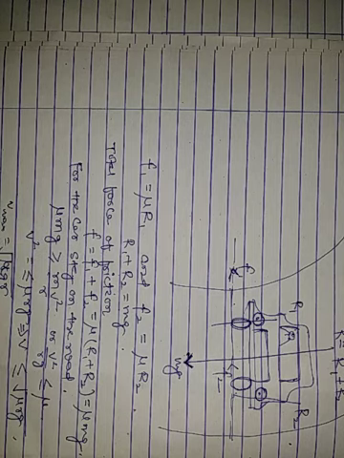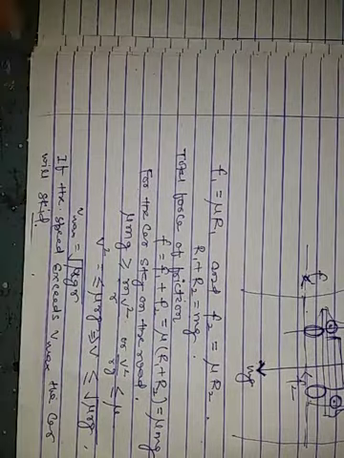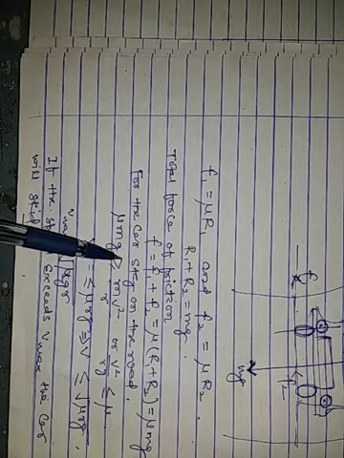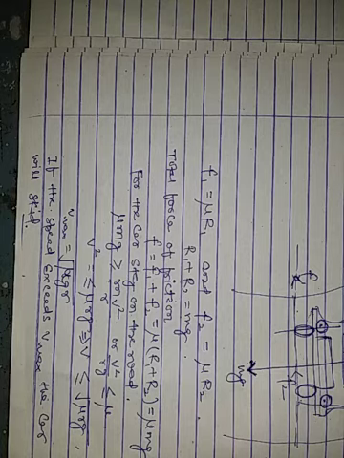For the car to stay on the road, the necessary condition is mu mg greater than or equal to mv square by r, where mv square by r is the necessary centripetal force.